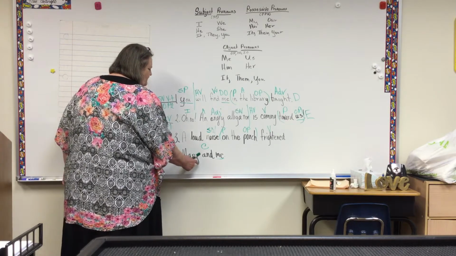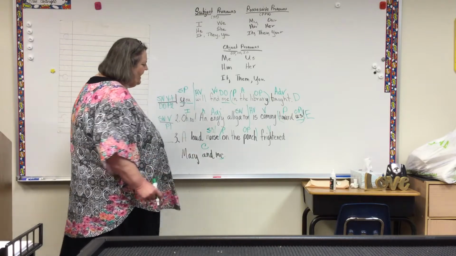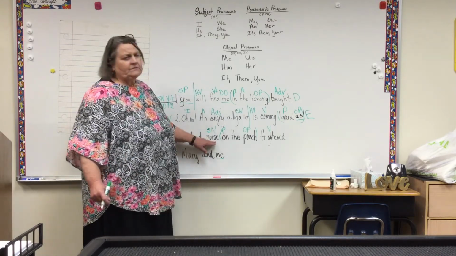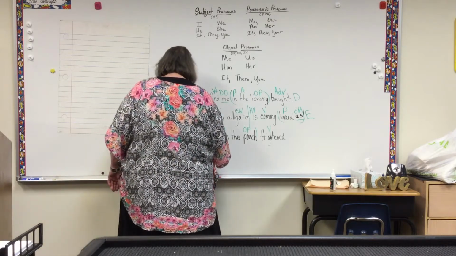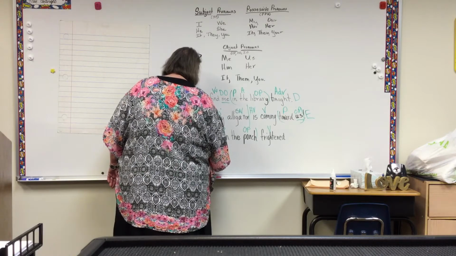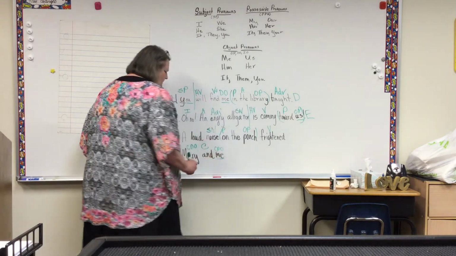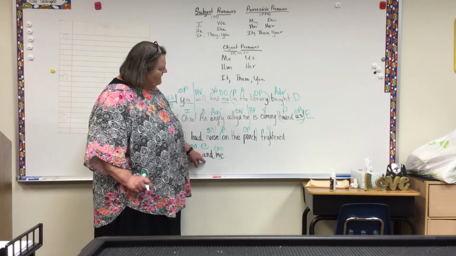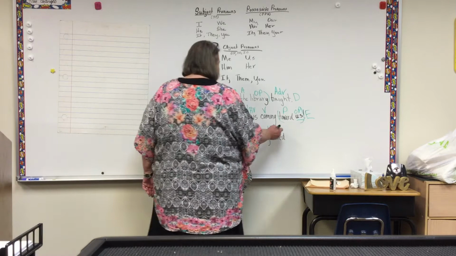Verify the noun. Is Mary and me the same as noise? No. So Mary is a compound direct object, and me is a compound direct object. Of course, we put C over the and. And then we have to make frightened a verb transitive.